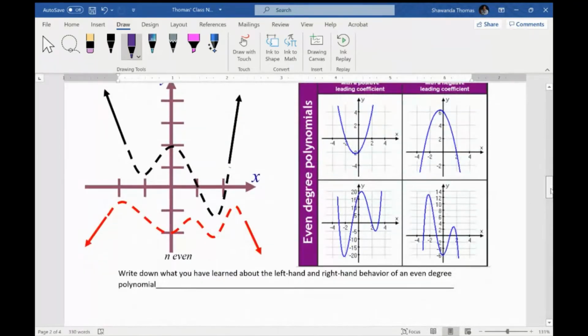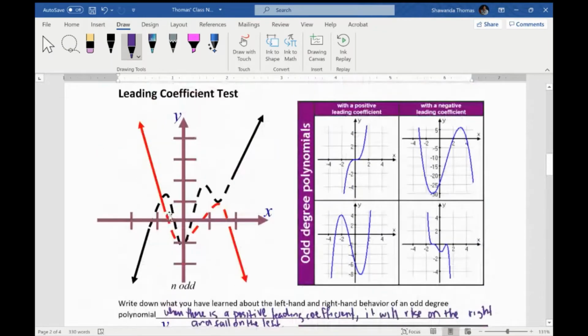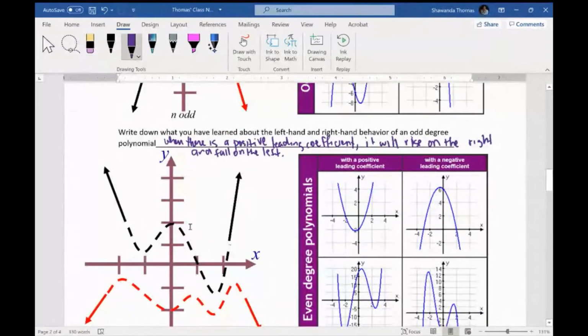So we have an even degree. Which function will your graph look like if you had an even degree polynomial? Quadratic. All right. So we don't know, and this is what the dashed lines mean, what's going on in the center of these graphs, but we do know the end behavior.